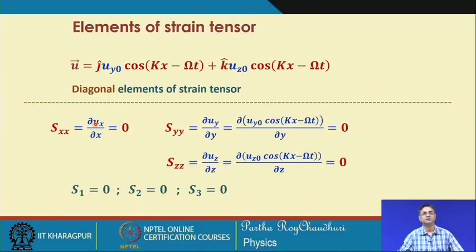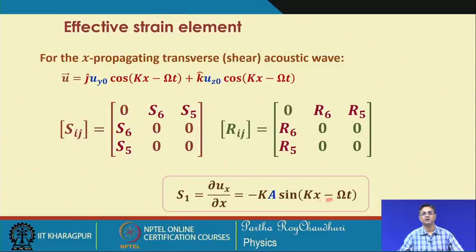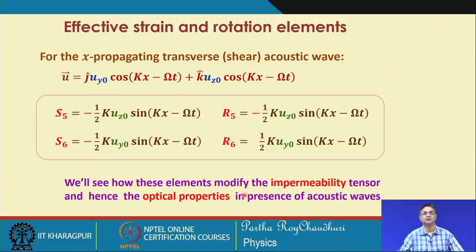So, S 1 in this case is 0, but for the longitudinal case, del u x del x is the non-zero element.